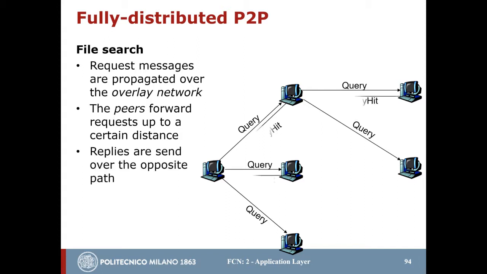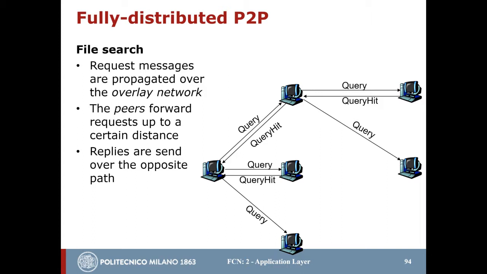And when one of these contacted peers is able to answer, so it knows where to find the content, or it directly hosts the content in its local cache, it replies with a query hit message that goes back following the same path of the original query.